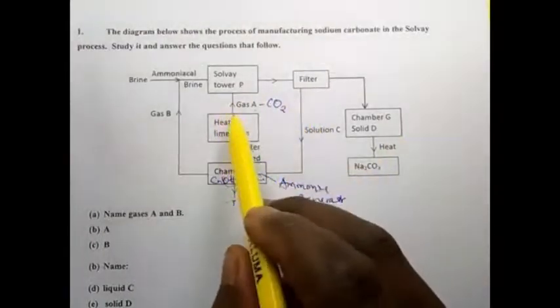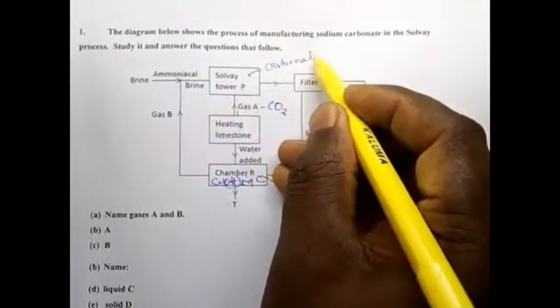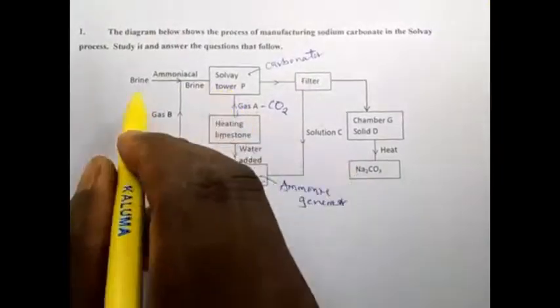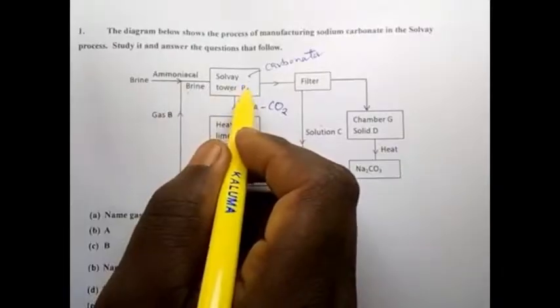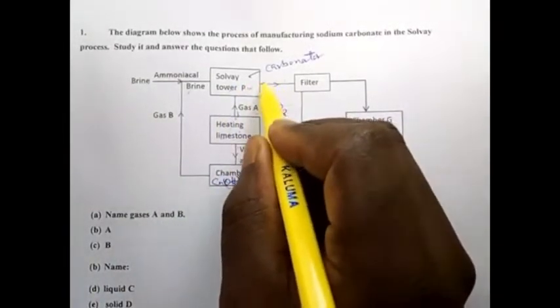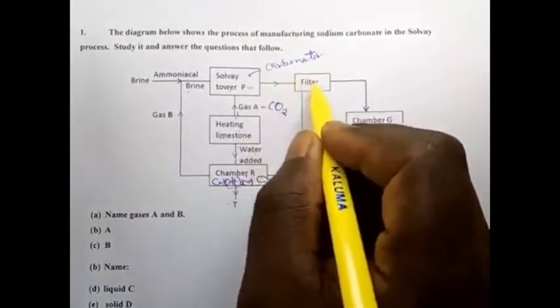Now we isolate the carbonator. Why? Carbon dioxide is getting into it, ammonia is getting into it, so this one is the carbonator. After the carbonator, we form sodium hydrogen carbonate and ammonium chloride, which is being filtered here.